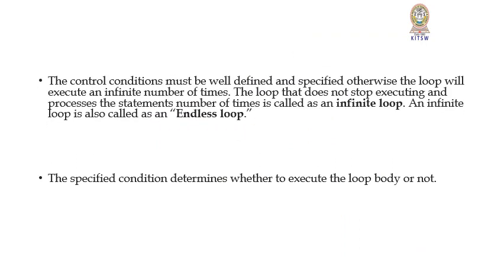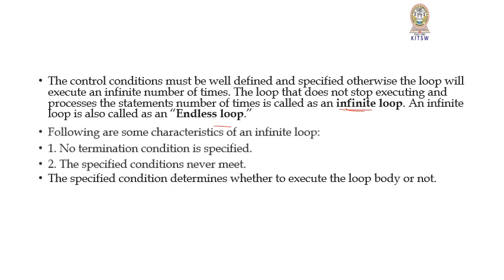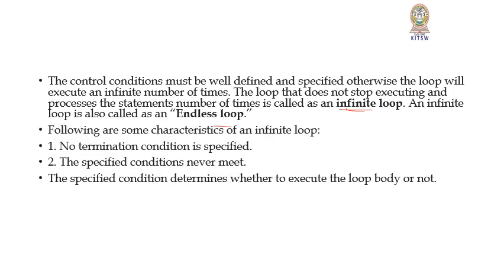Now sometimes the loops can be infinite irrespective of the condition. If the condition is not given properly, the loop goes on executing without any stop. Such types of loops are called infinite loop or endless loop. These are the characteristics of infinite loop. Termination condition or stop condition is not specified, or the specified conditions will never be met.